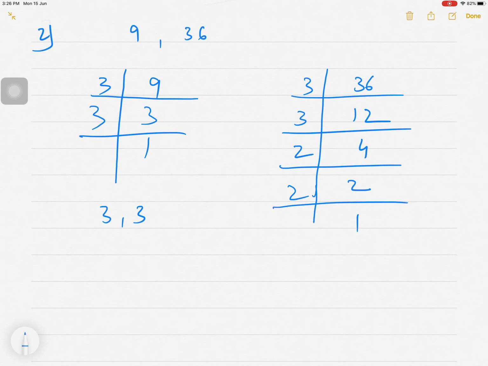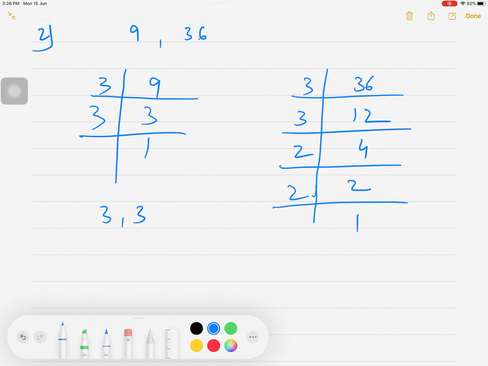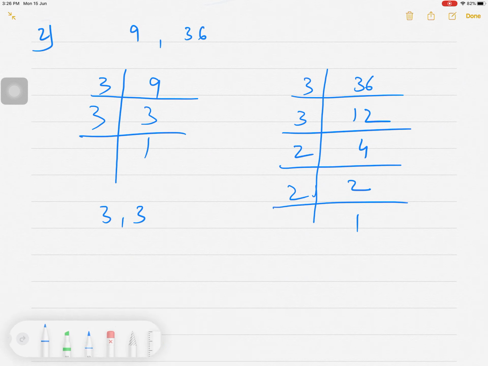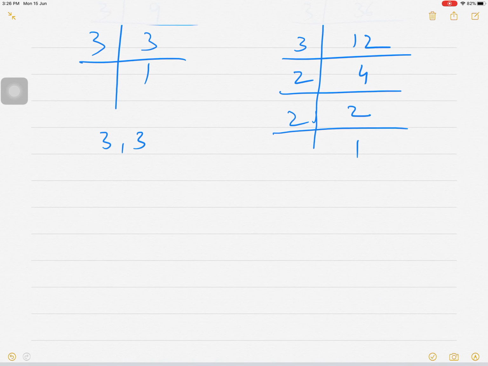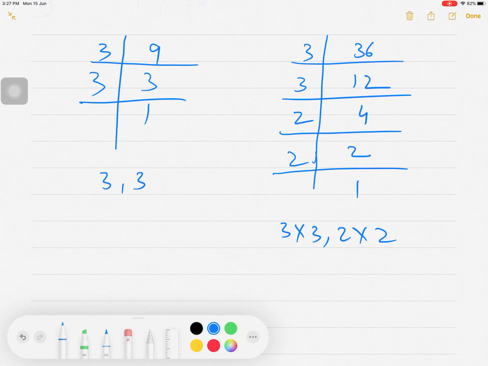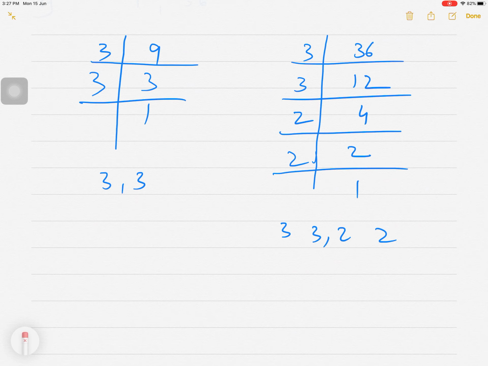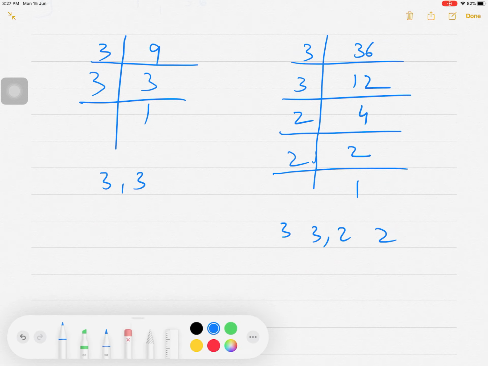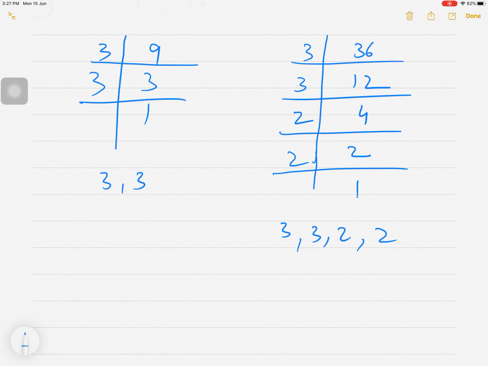So for 36, the prime factors are 3 into 3 into 2 into 2. The prime factors are 3 3 2 2.